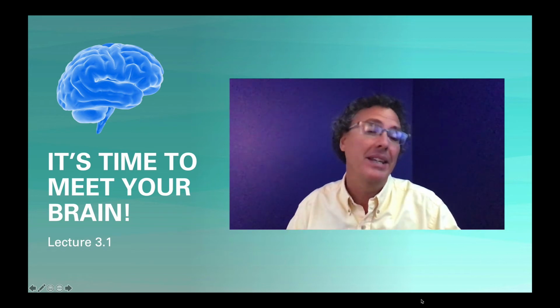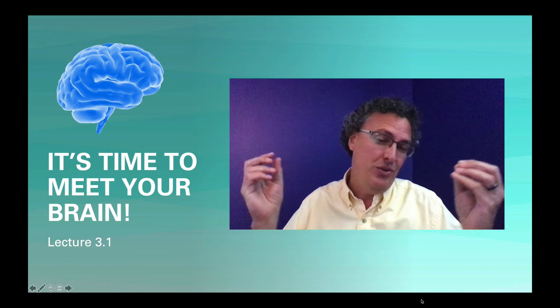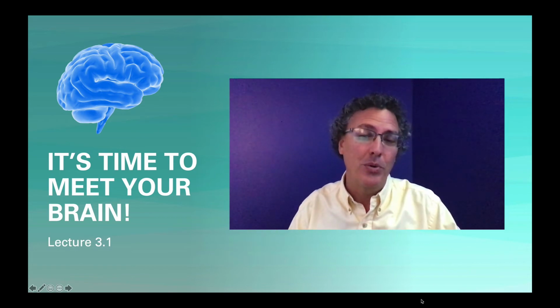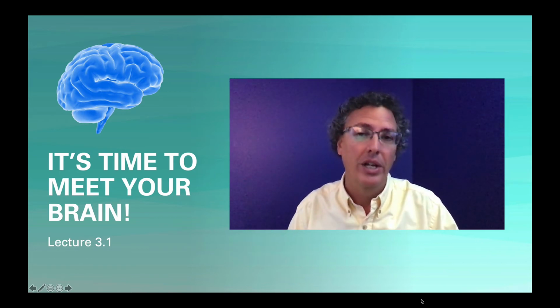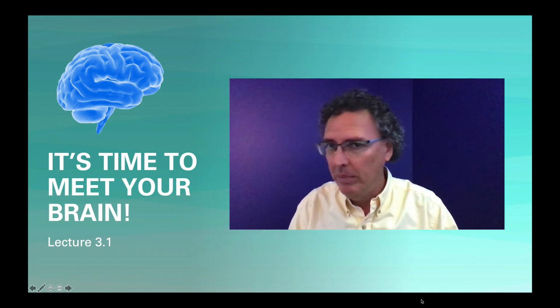The way the chapter breaks things down is to start by zooming in on the basic processing unit of the brain, the neuron. So we talk about neurons and how they work and how they transmit information.